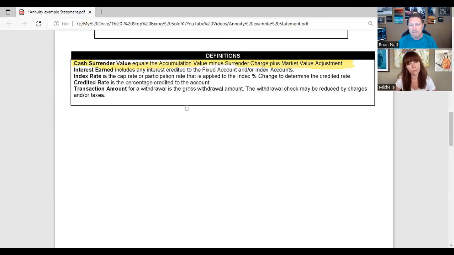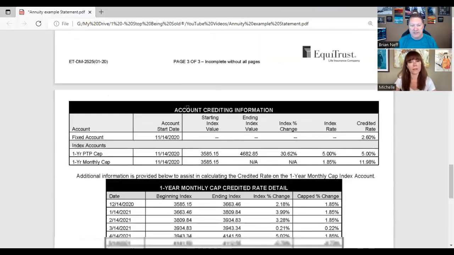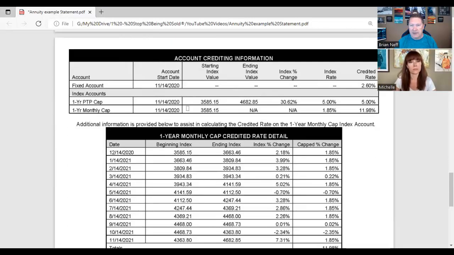So, okay. One more section that you'll see on almost every indexed annuity is going back to the account crediting information. Remember, we talked about the fixed account, the 1 year point to point, and the 1 year caps. This is how they're credited. And you want to see how this works. So fixed account, the credited rate, the interest on this account at the time was 2.6%.